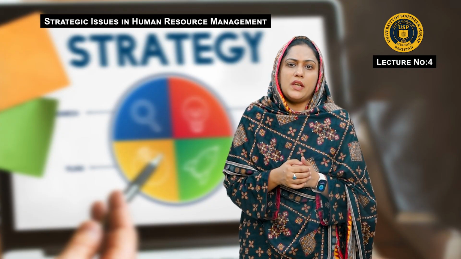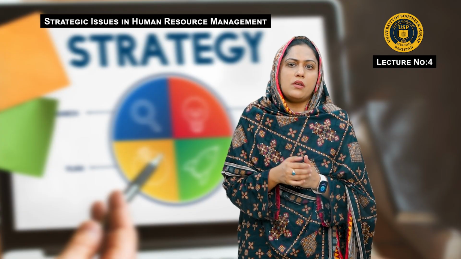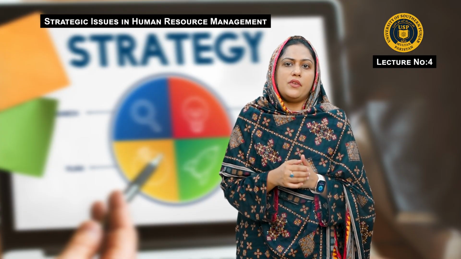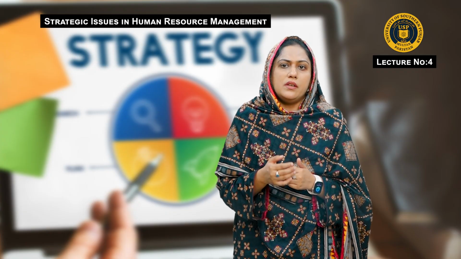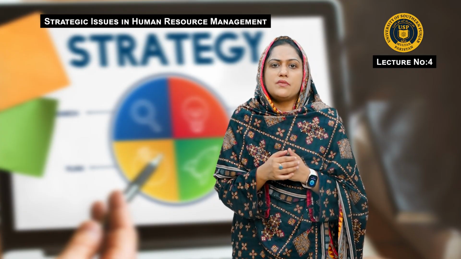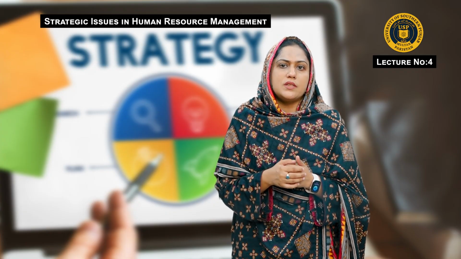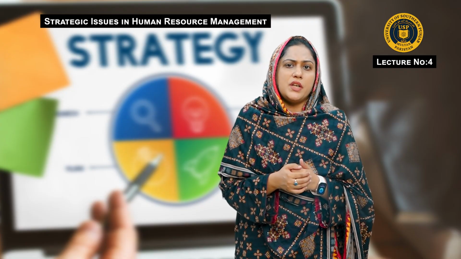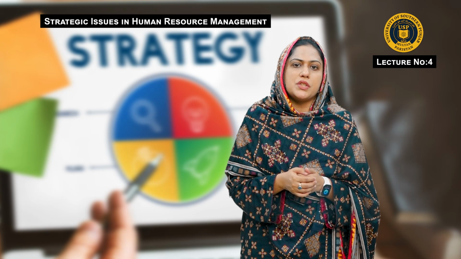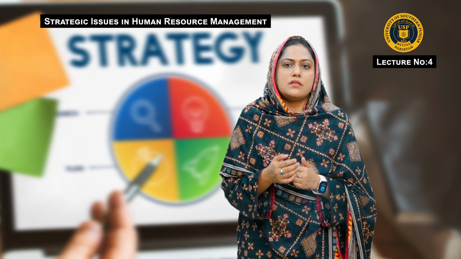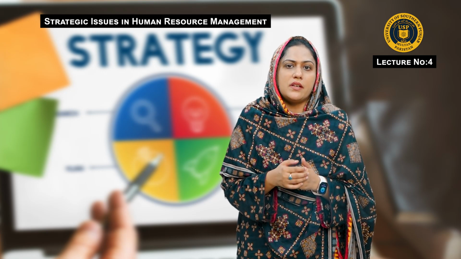Encourage two-way communication, for example town halls and pulse surveys, and train managers in coaching, feedback, and motivation techniques. For example, a service firm launches an employee voice platform for idea sharing, leading to a 20% increase in innovation-related suggestions.